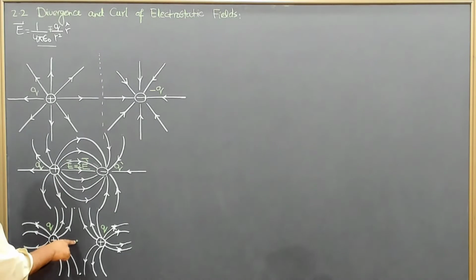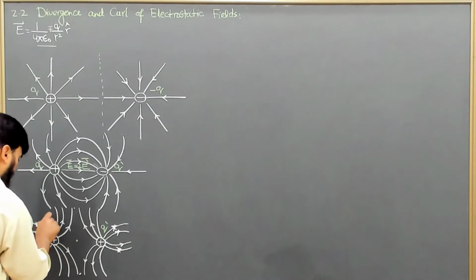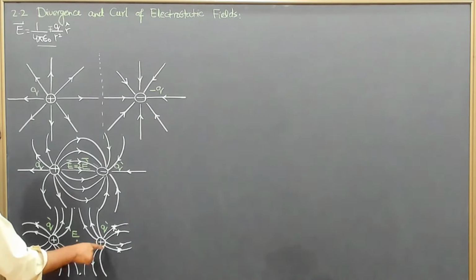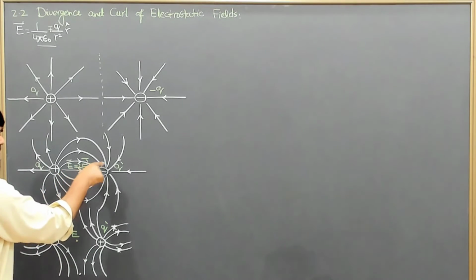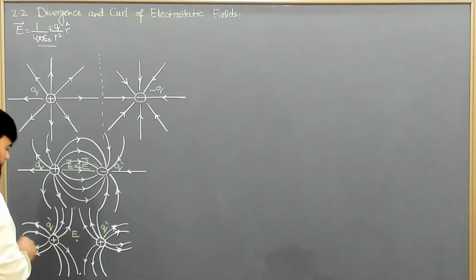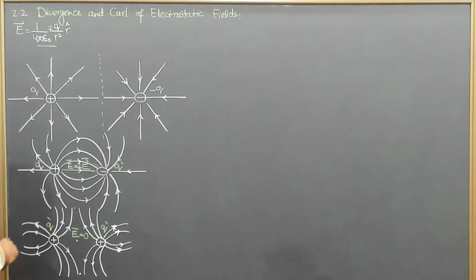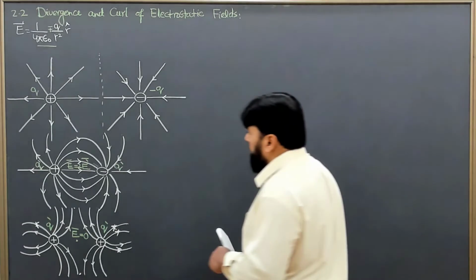This will be equal to Q prime and Q prime, in E prime, the electric field of each repelling each other. Here this is E prime minus E prime, so this becomes 2E prime, and here this electric field will be E prime minus E prime and will be equal to 0. So the electric field will be 0 over there.